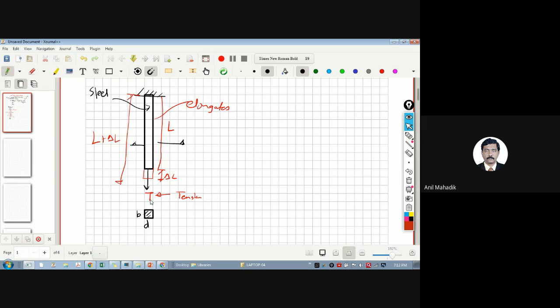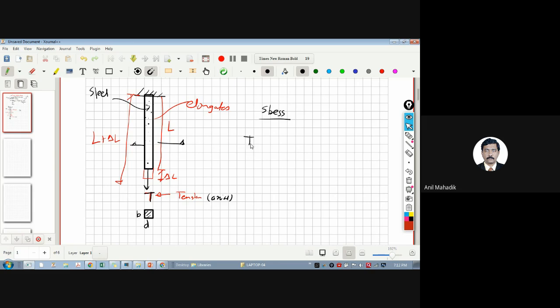So due to application of this tensile force, what will happen inside the member? Stresses will be developed within the cross section, within the material, whatever material is there inside. As this is an axial force and a tension force, what kind of stresses will develop in this?